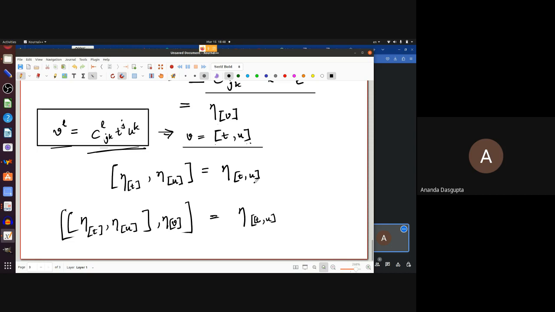If I take the Lie bracket, the cyclic sum of this should be 0. Cyclic means, because we know this is a standard commutator.